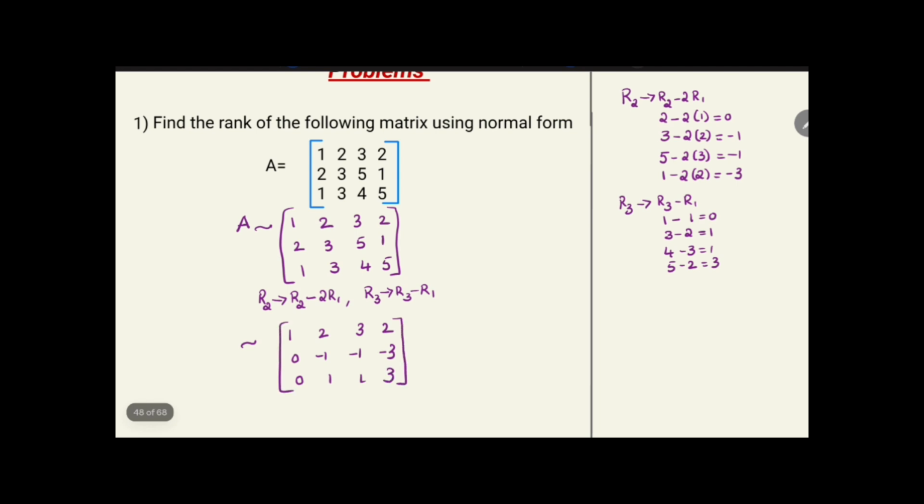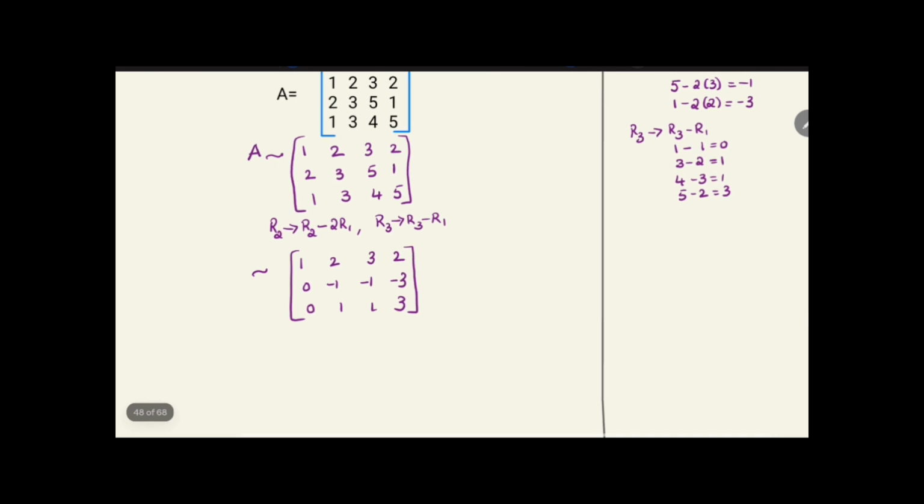Now what is the third step? The third step is to go to the elements beside A11. I have to make these three elements 0, making use of column 1. What will be the operations now? If I multiply column 1 by 2 and subtract from this element, I can make this element 0. In the same way, if I multiply by 3 and subtract from this, I can make this element 0.